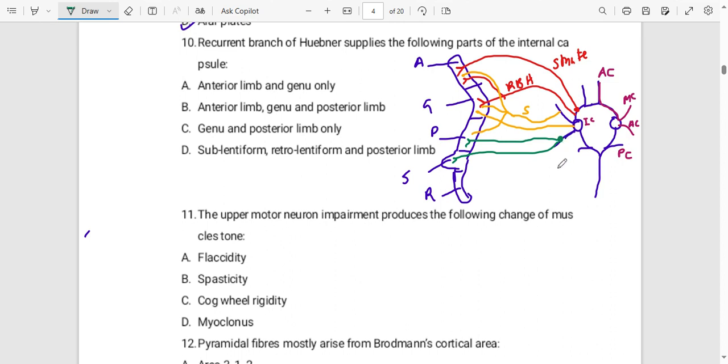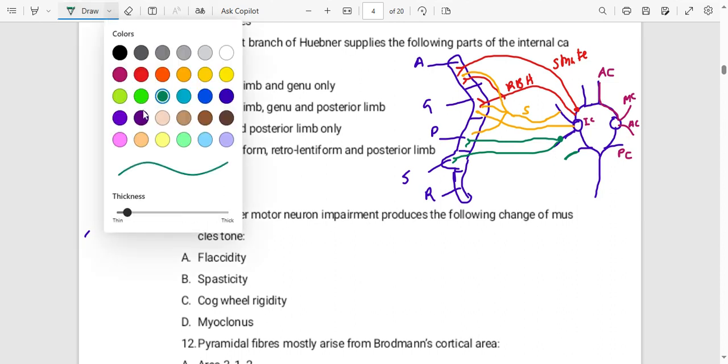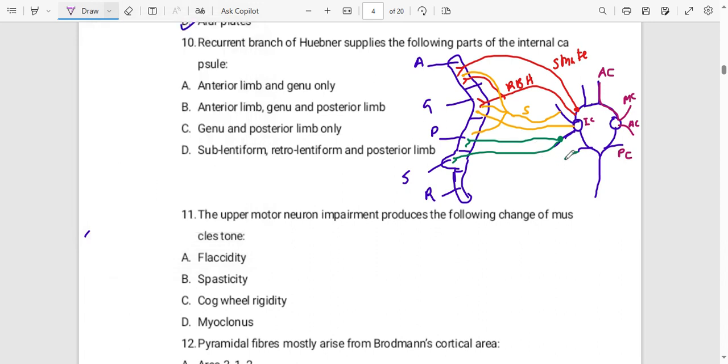And then coming from the posterior cerebral, this guy is good. Just like the striate branch coming from the middle cerebral, supplying three parts, it is also going to supply three parts. So which parts are those? So this guy is going like this. It supplies everything which is more posterior.